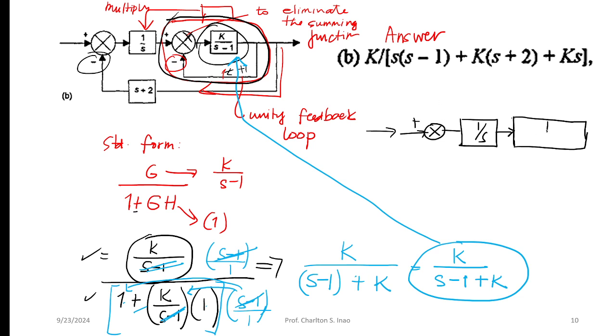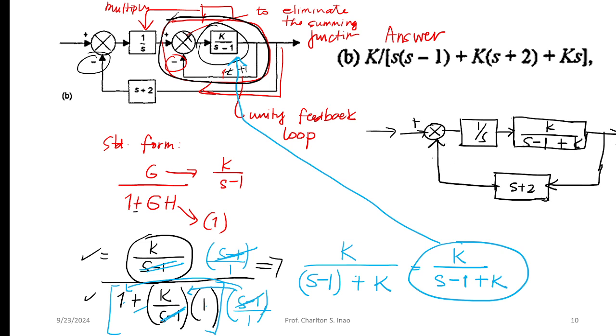So this one is K over S minus 1 plus K, and there's the signal here, and then there's feedback here, right?